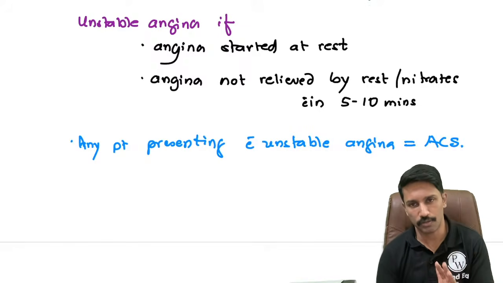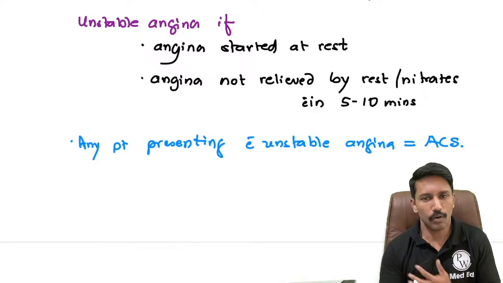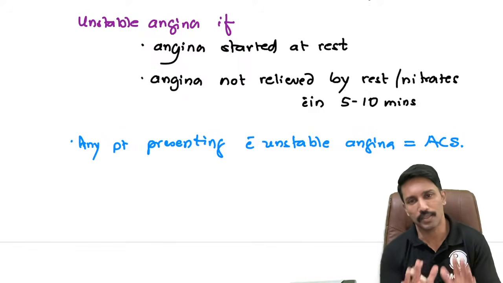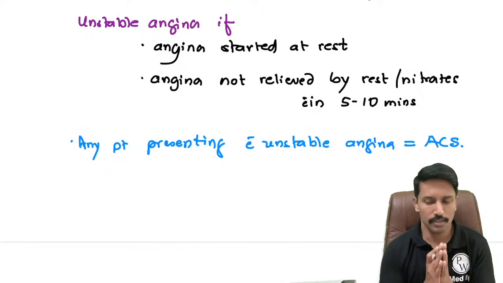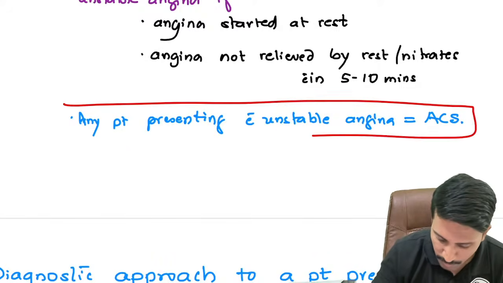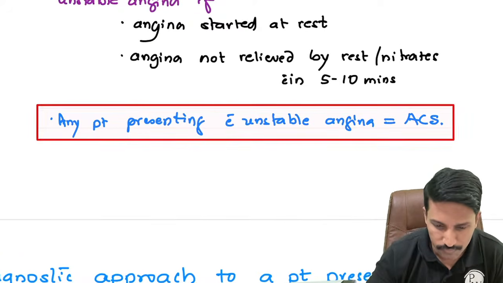It is acute coronary syndrome. Any patient who says, sir, I was walking, I got chest pain, I took rest, it's already 15 minutes, still chest pain is there, it is unstable angina, it is acute coronary syndrome, right? This statement will please the examiner and make him give 1 mark. That means you have understood the concept.